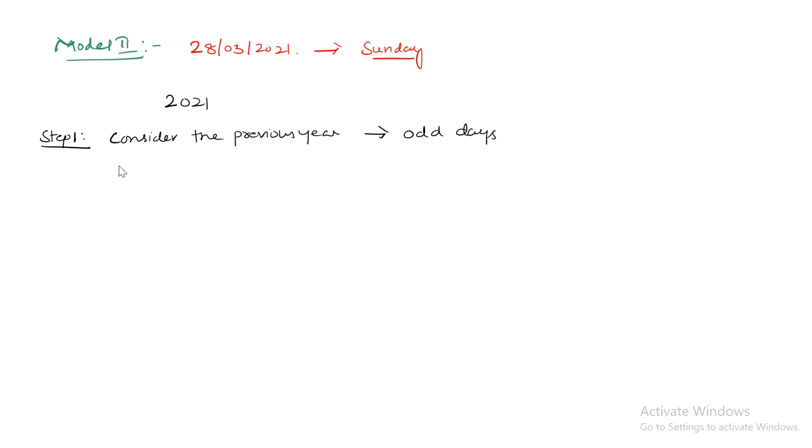Okay, after that we will take the current year or present year. So from this also we will take odd days. So next what we'll do is add all these days, and divide by 7, and the resultant remainder will be our exact day. Okay, so we'll get the exact day here.